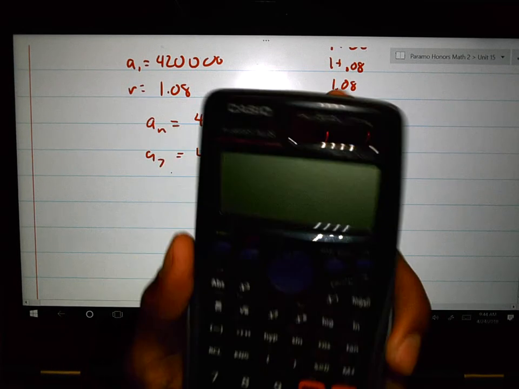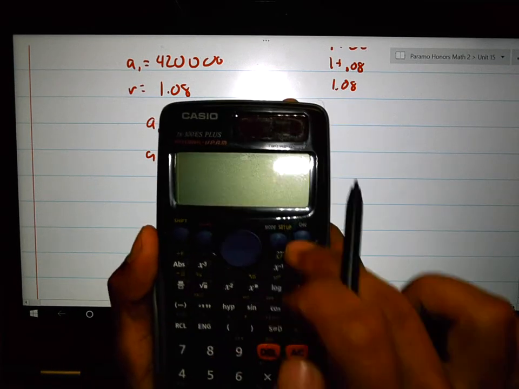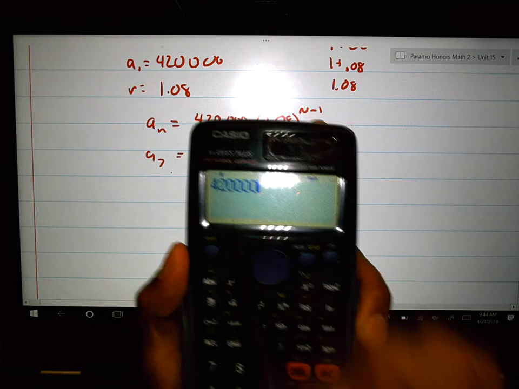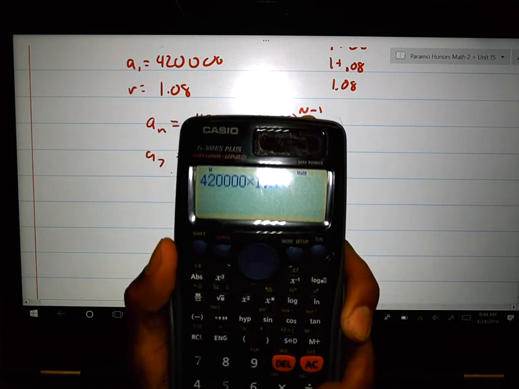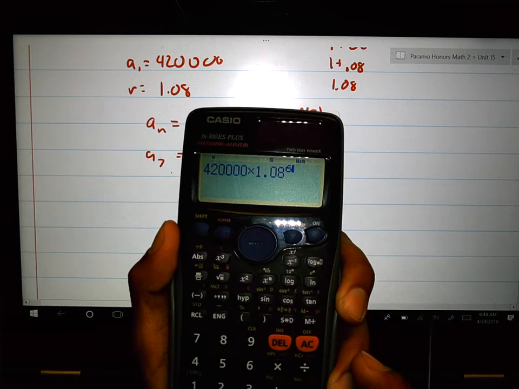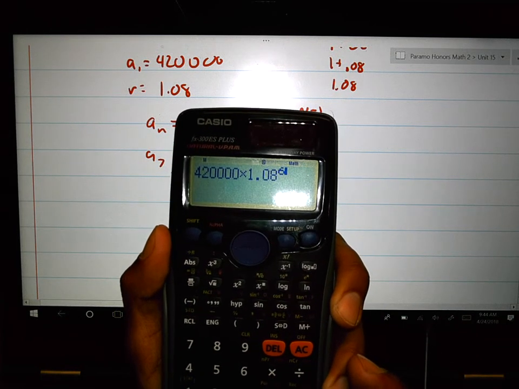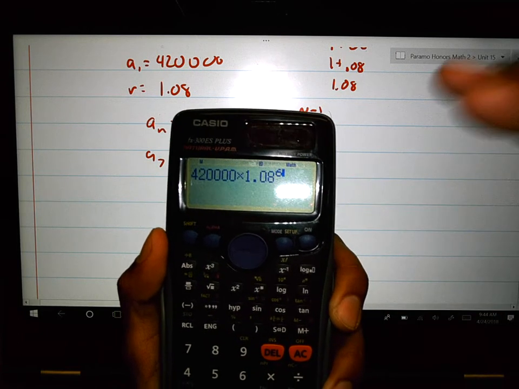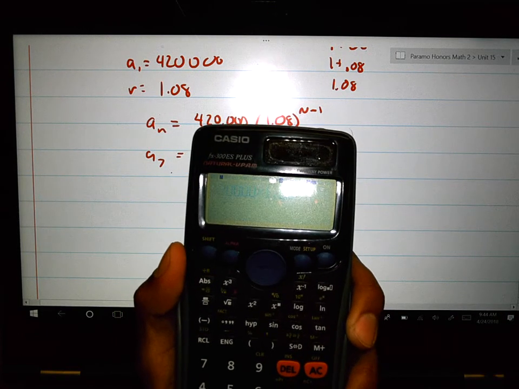But this is where I go to the calculator, turn it on, 420,000, make sure I have the right number of zeros, times 1.08 to the 6th power, just because I can do 7 minus 1 in my head. And this amount should be more than the 420,000. Let's see what it comes out to be.